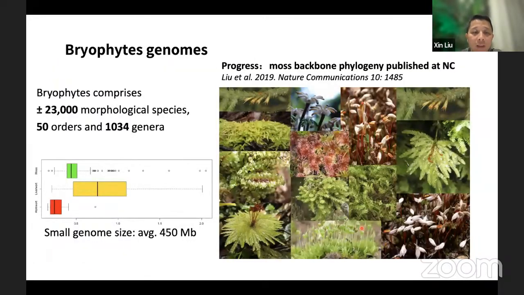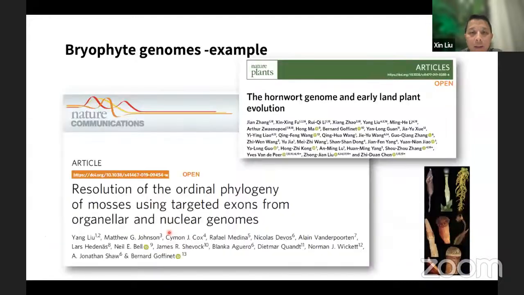And bryophytes are similar, because they are very small and you might not get enough tissue for DNA extraction, although the genome size is not very huge, around 450 megabases on average. We have released some data for these bryophyte genomes, listed here.